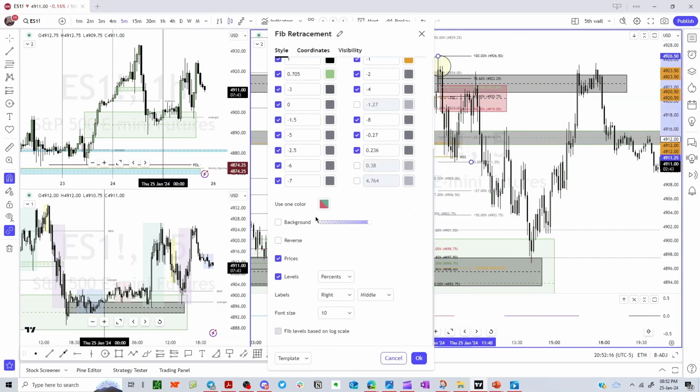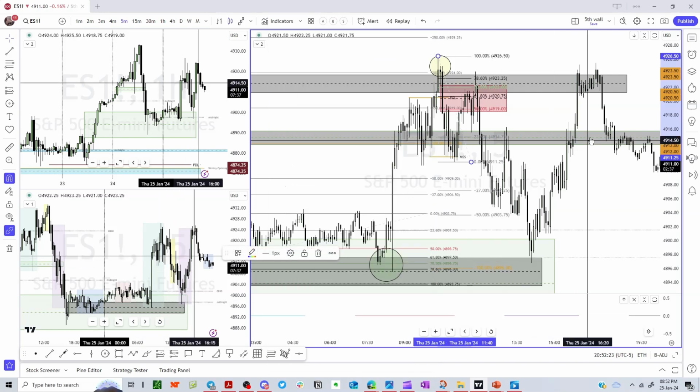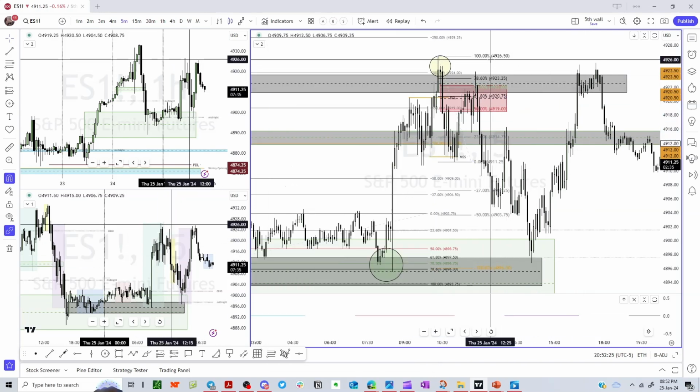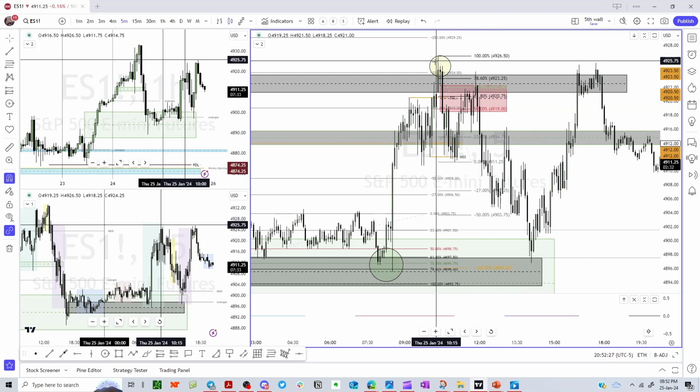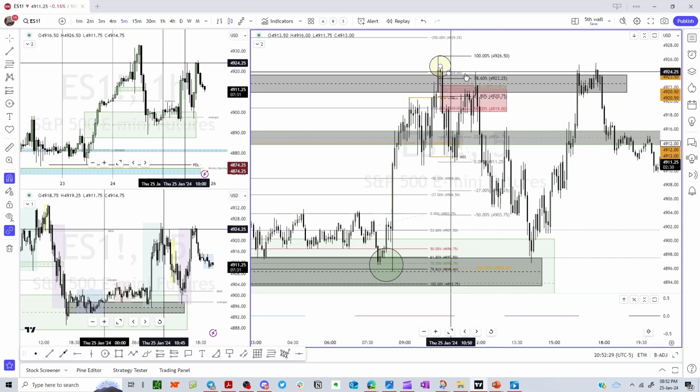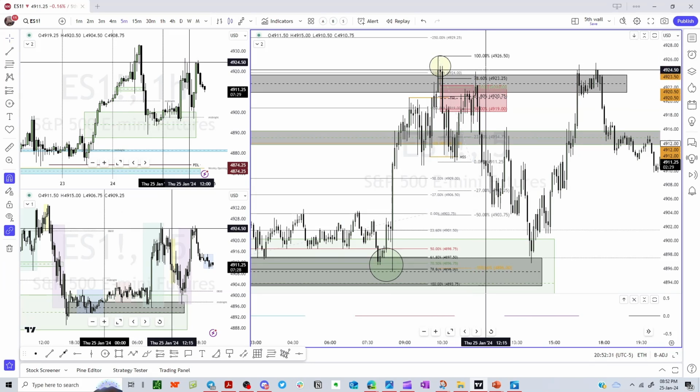Let's make that bigger because we got a lot of weird colors blending together. So yeah, we have an entry that's using the wicks. If you use the body, would have almost got stopped out here, but you wouldn't have. Would have made me nervous, I tell you that right now.